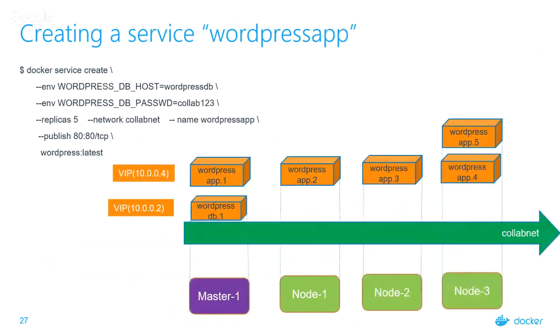Now we create a front end, which is the WordPress app, and that has to be exposed on port 80. As seen in the diagram, on the top layer you have the WordPress app containers, which come up with a VIP address of 10.0.4.